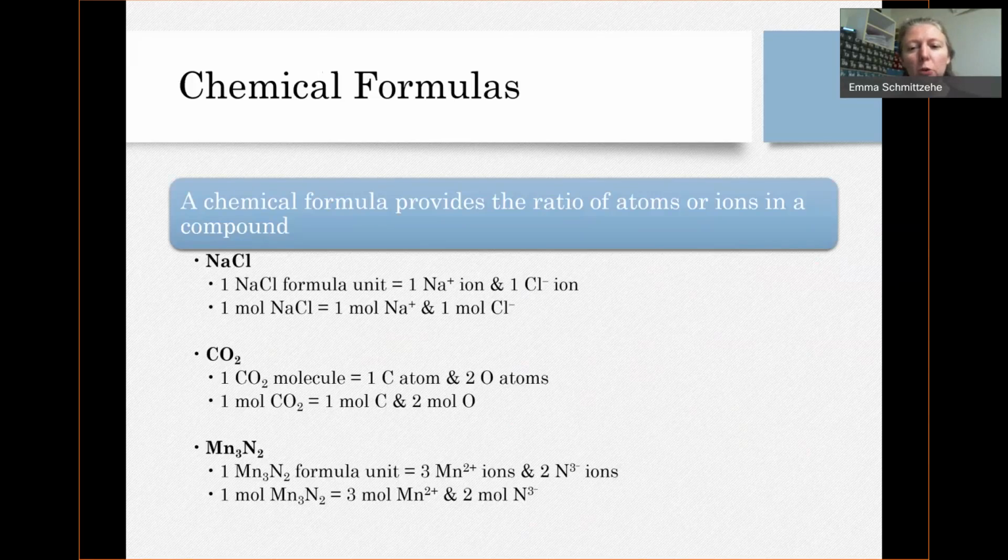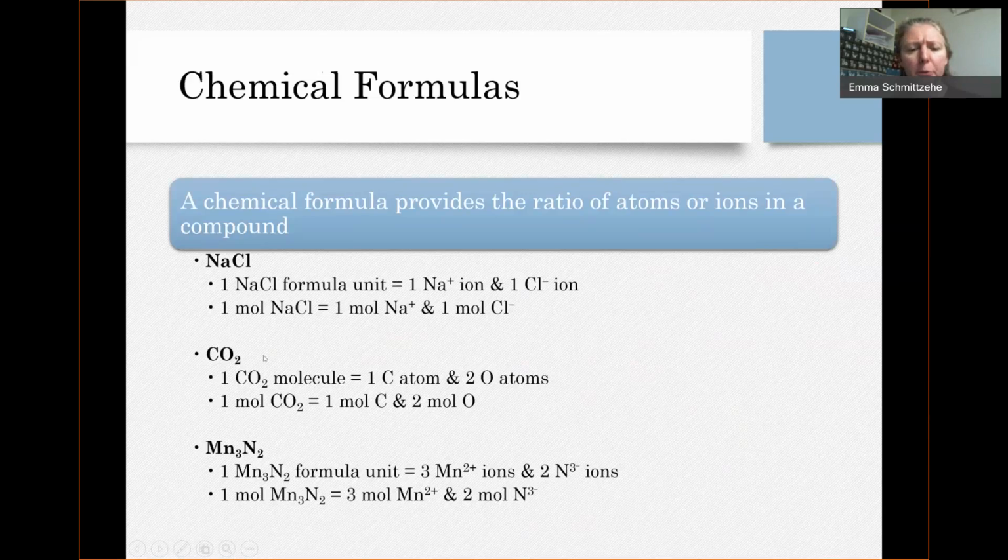We're essentially multiplying each of those things by Avogadro's number. And so it's actually the same ratio in the end. It's just on a scale that's a little more useful to us, because we don't work with samples of individual atoms or individual ions, right? We work with larger samples that contain things on the order of a mole of things.